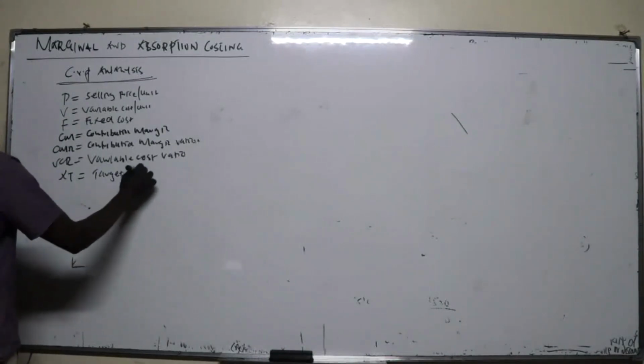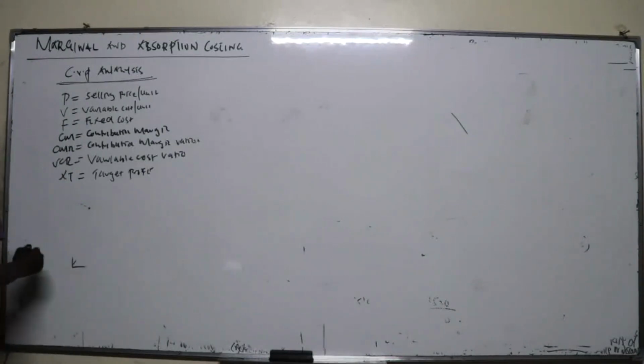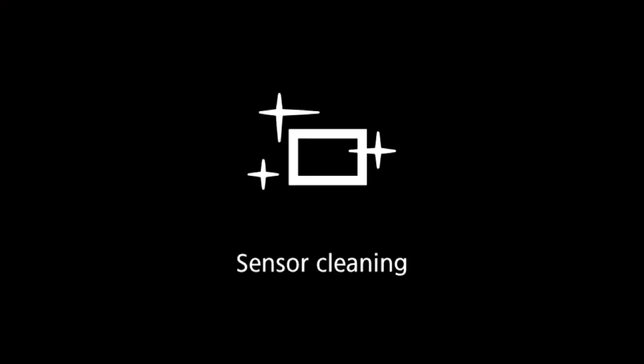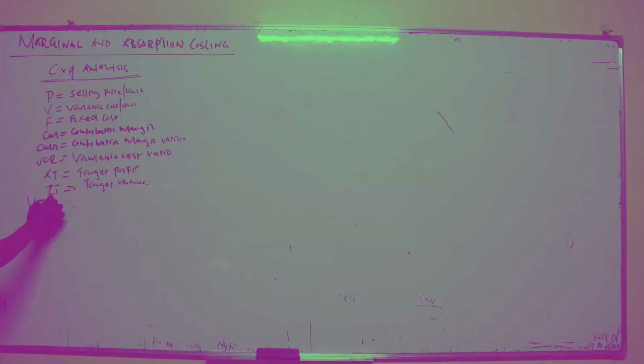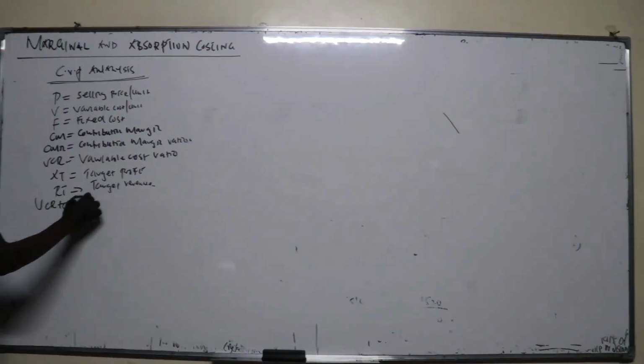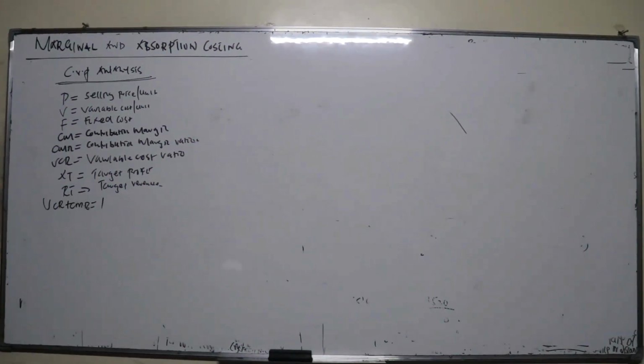RT stands for target revenue. And then VCR plus CMR is equal to 1.